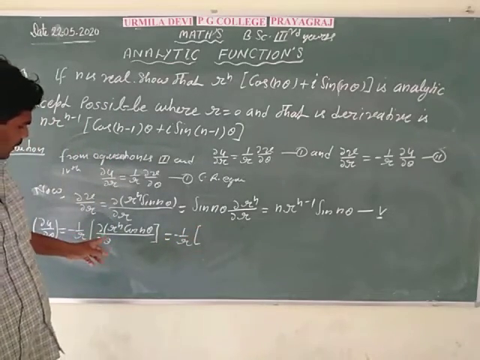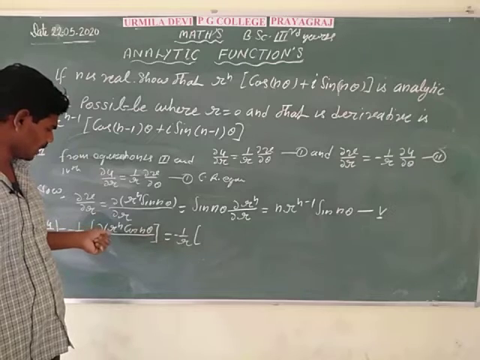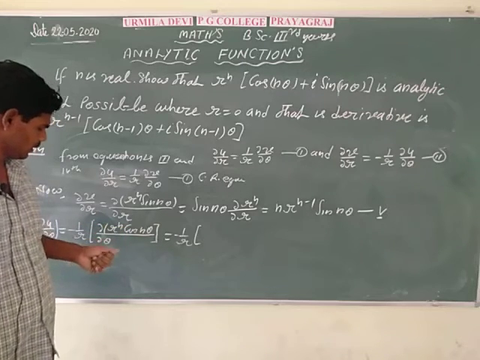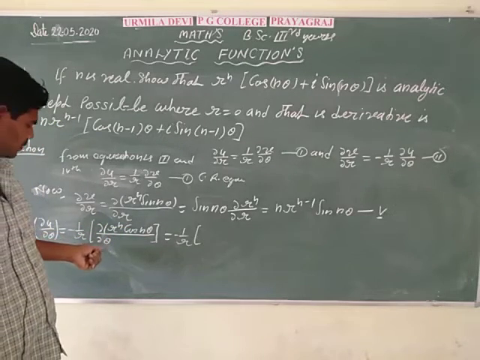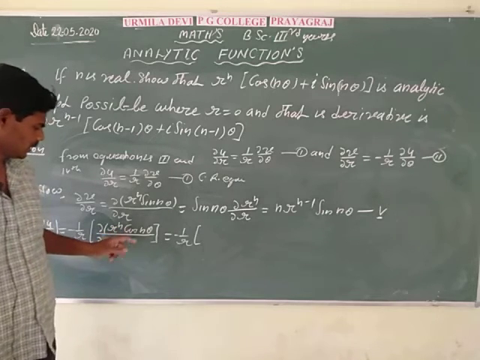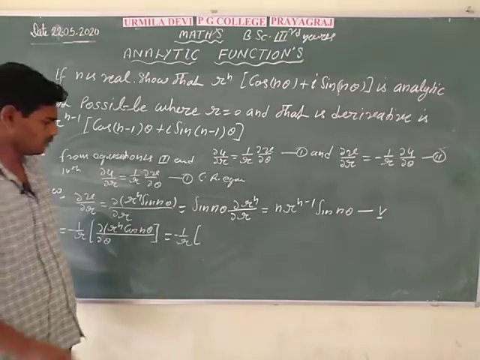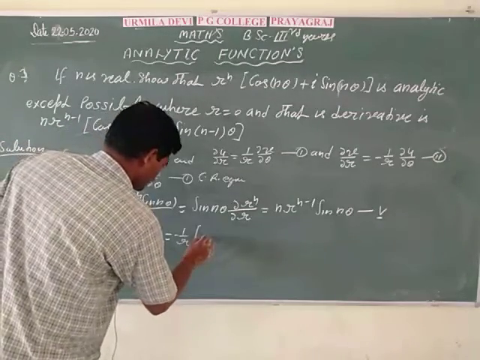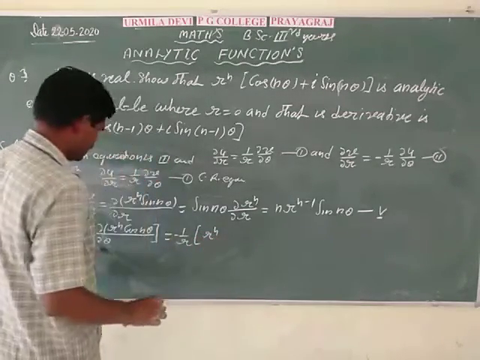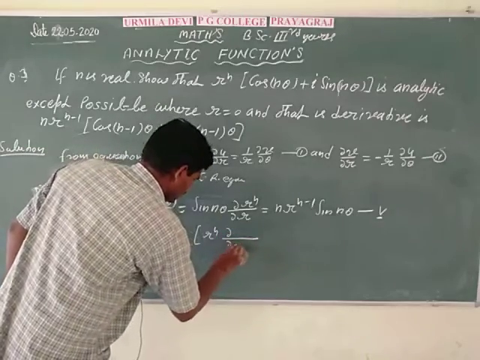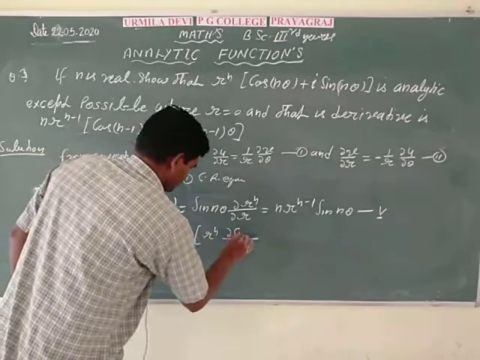Here in the bracket consider the function r to the power n cos n theta, whose differentiation is with respect to theta, therefore r is taken as a constant, so r to the power n is taken outside the differentiation, and we differentiate only cos n theta.